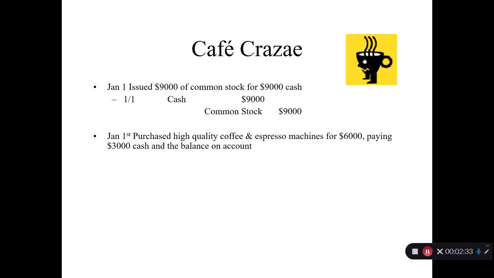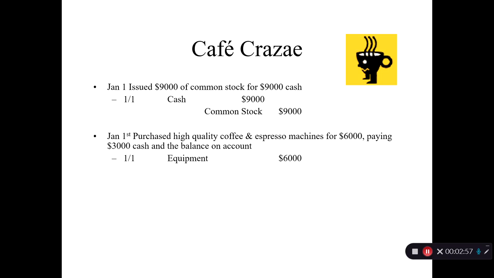So what's going to be our journal entry? Well, the coffee and espresso machine is an asset. It's going up. We're acquiring an asset for our company. So the very first debit here is going to be to equipment for $6,000. Now, the corresponding credit here is going to be a balance. We're going to owe what?